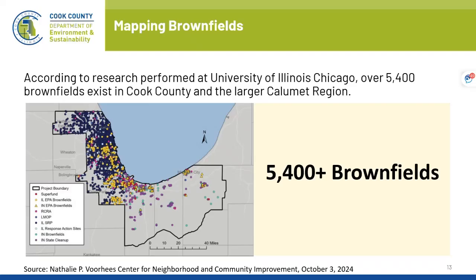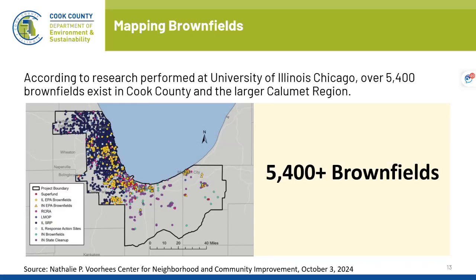So mapping brownfields, why do we even want to do this? In the Calumet region, so that includes Northwest Indiana, there's not great data on just Cook County. There are over 5,400 brownfields. And again, I'm calling back to that squishy definition of a brownfield where it may or may not be contaminated.